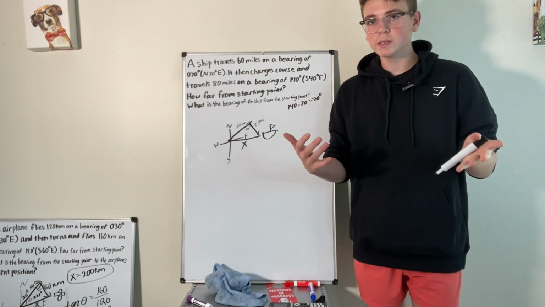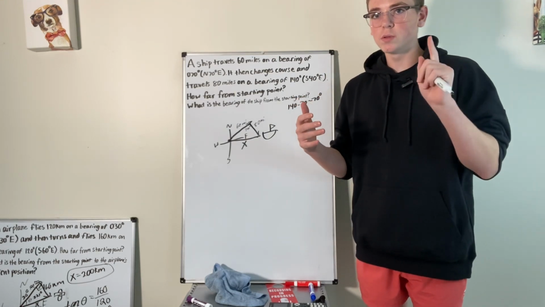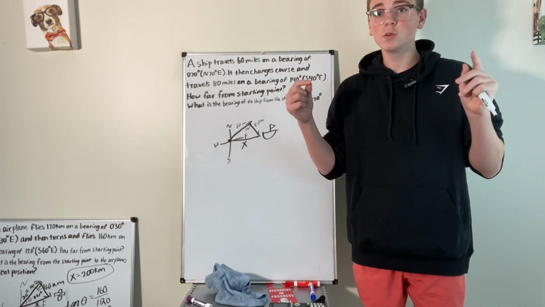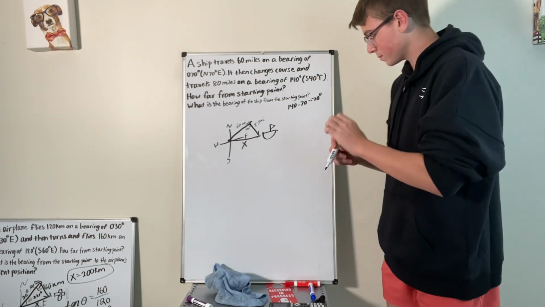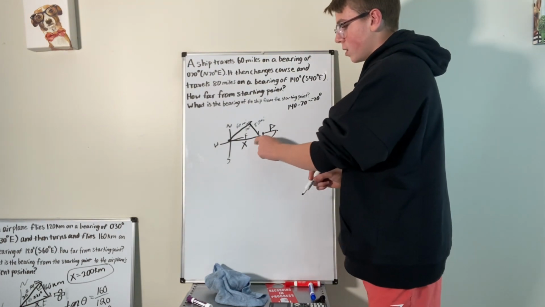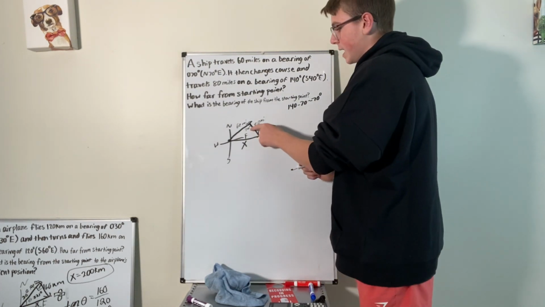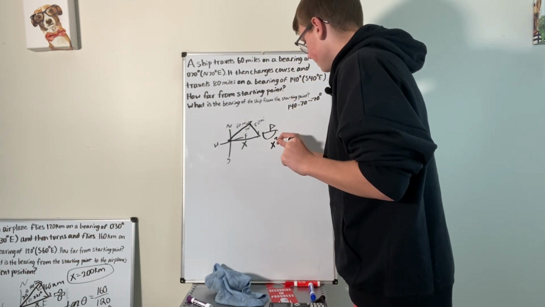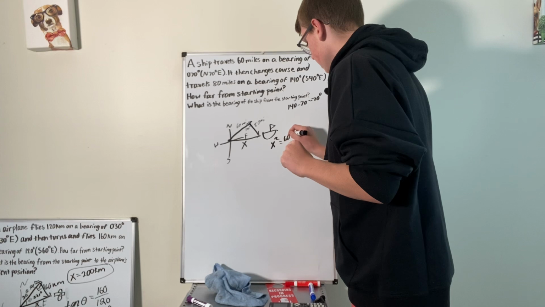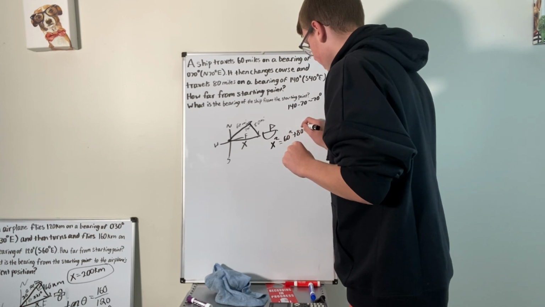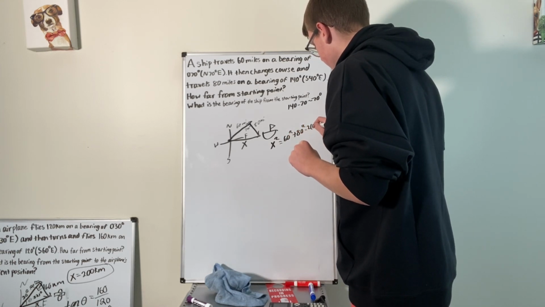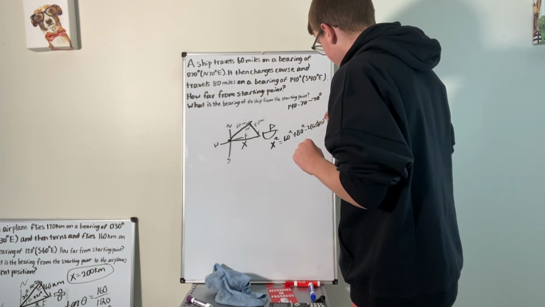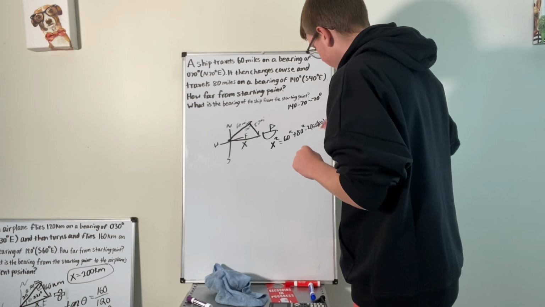All we can do with this is the law of cosines, which is a squared equals b squared plus c squared minus 2bc cosine a. So this will be our a squared because we have the angle right across from it. So this will be x squared equals 60 squared plus 80 squared minus 2 times 60 times 80 cosine 70.